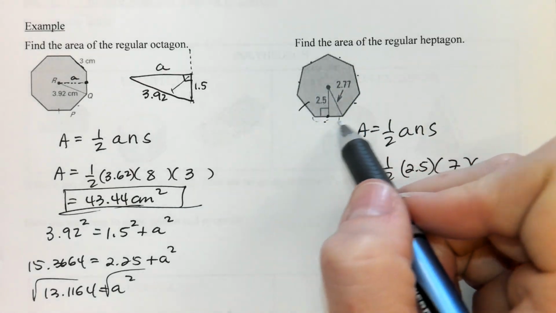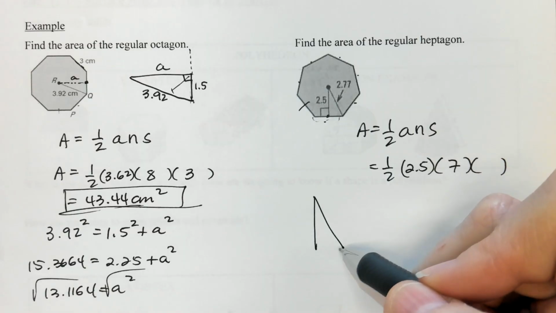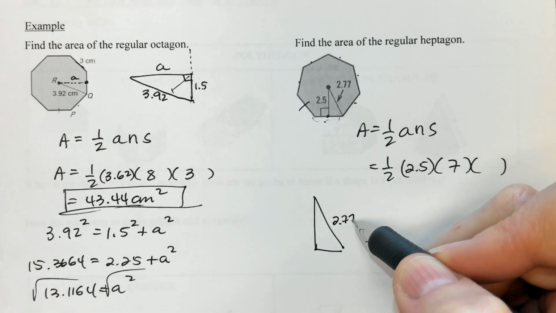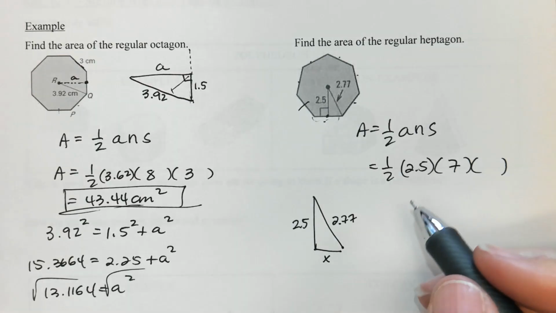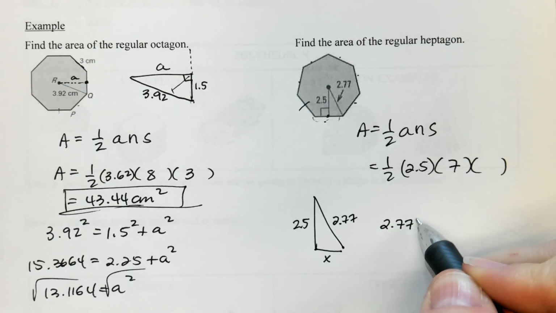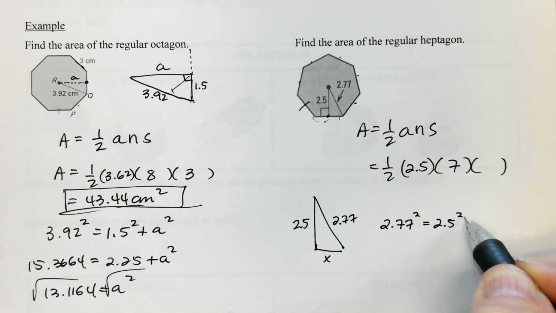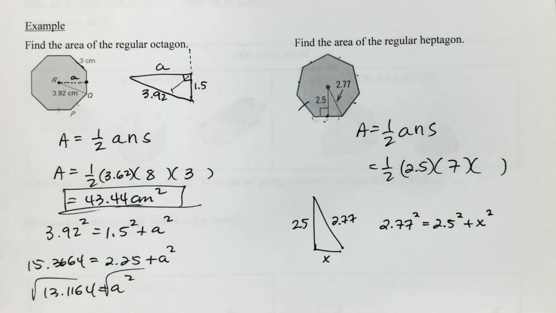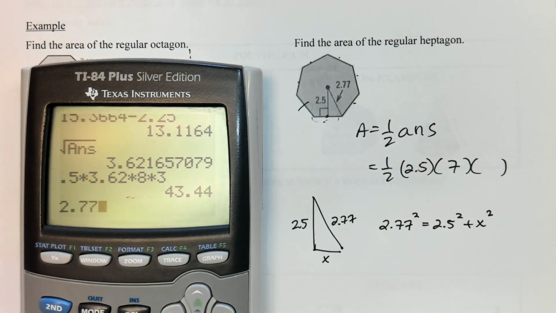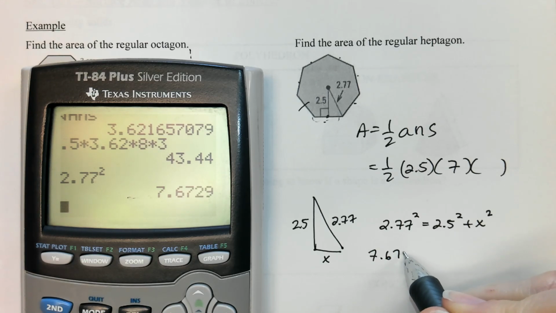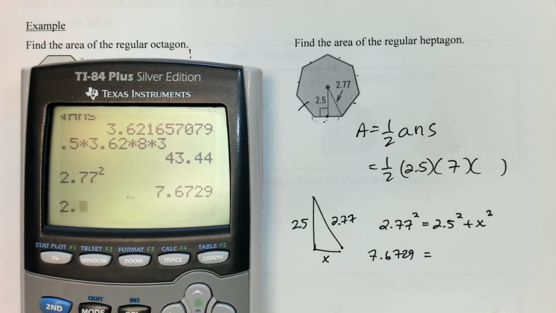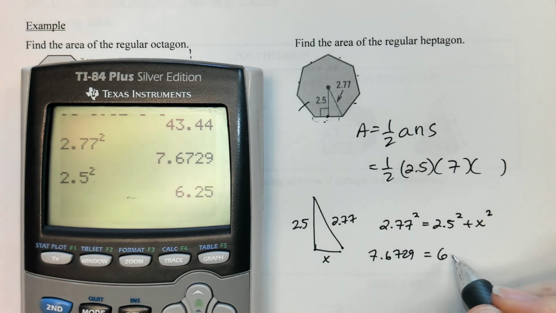What I need is this side length right here. Again, we have our triangle. We're going to do Pythagorean theorem. Just going to draw it off to the side here. I got a 2.77. I have a 2.5, and I'm looking for this. So let's set up Pythags. We'll have 2.77 squared equals 2.5 squared plus x squared. So 2.77 squared gives me 7.6729. 2.5 squared is 6.25.